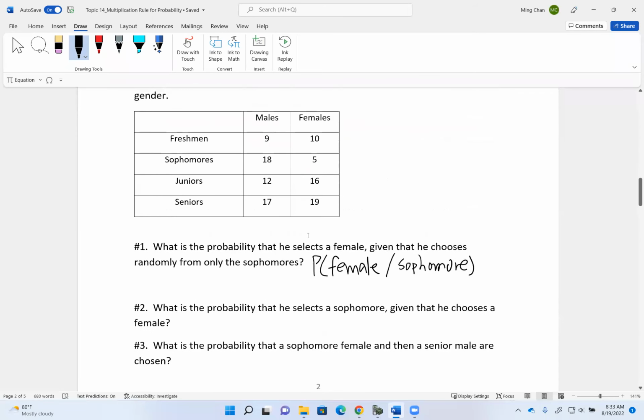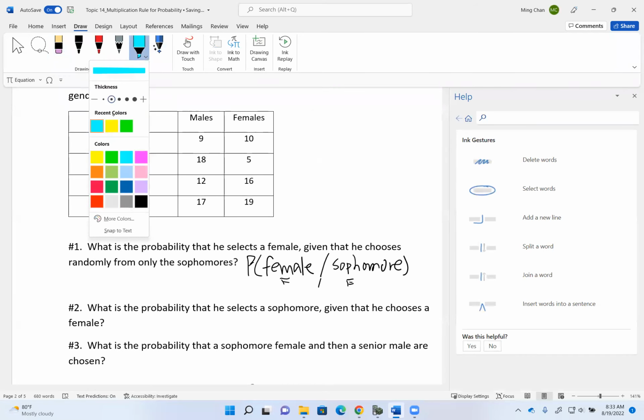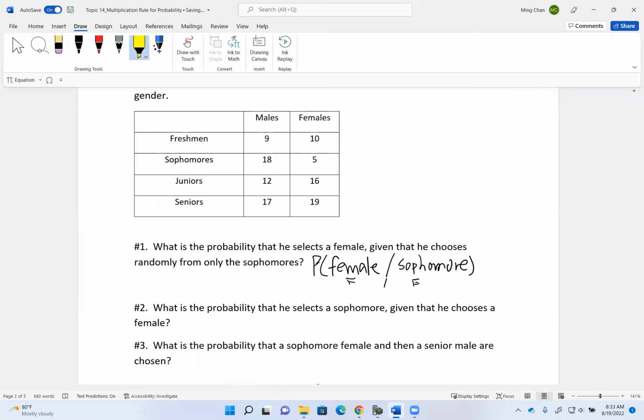F is the second event, because I'm trying to find the probability of a female given that the first event, E, has already occurred. The first event is referring to sophomores. So this is where it's a little bit tricky to think about.